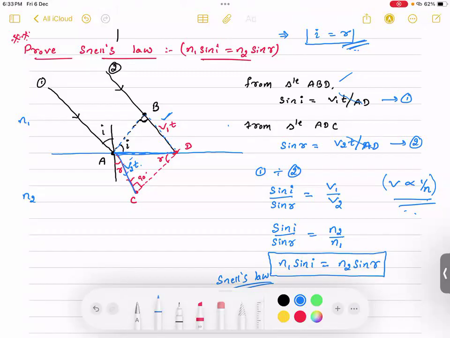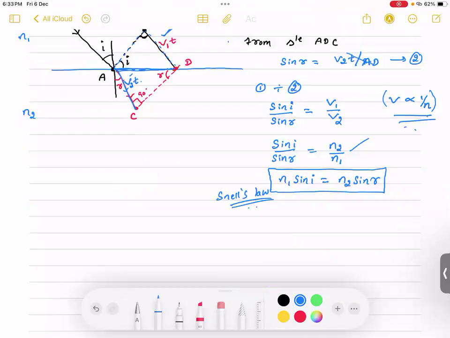So V1 by V2 can be taken as what? N2 by N1. So if you cross multiply, you will get N1 sin I is equal to N2 sin R. So that is the concept of the Snell's law. Got it? Yes, sir. Okay.